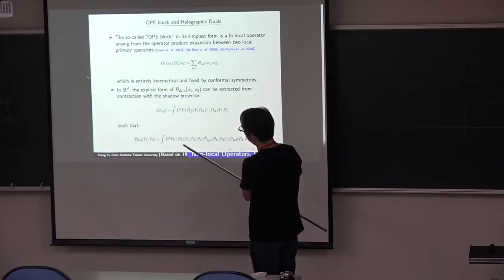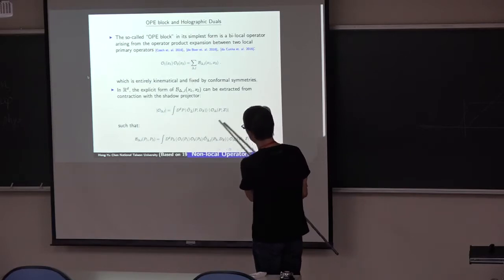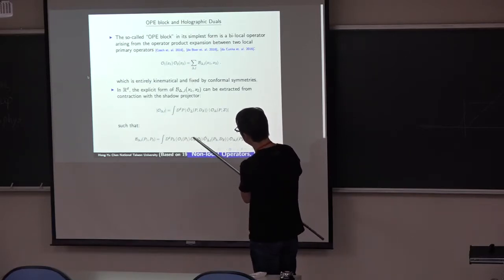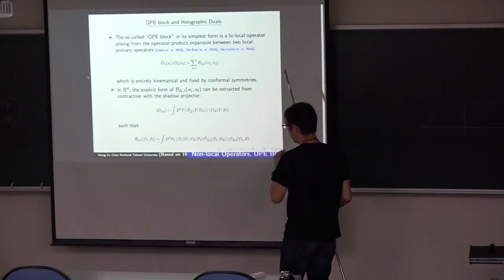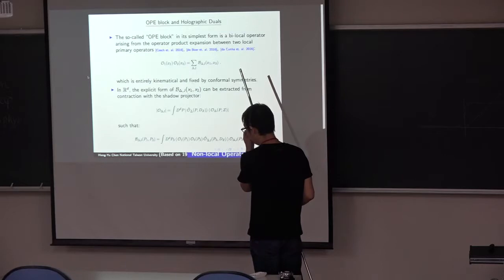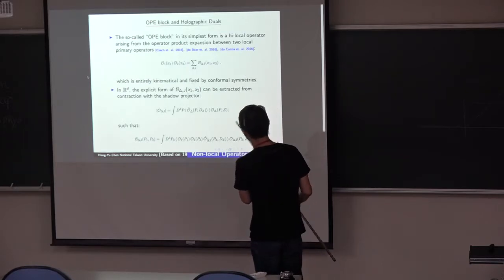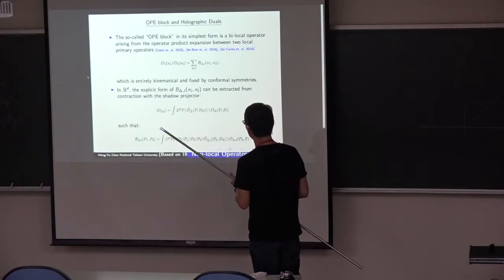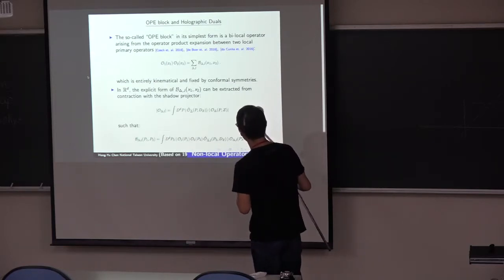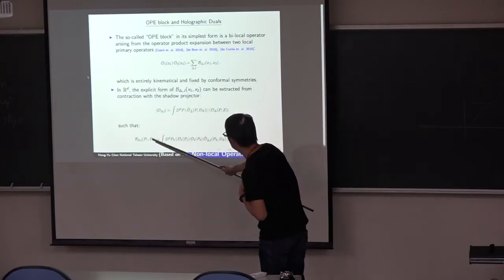It's basically that you are trying to integrate over some 3-point function, but now instead of looking at the scalar tensor with the scalar dimension delta, you are actually looking at the 3-point function of the scalar with its shadow dimension, and integrate over this operator you originally want. This is the particular OPE block you want to associate.